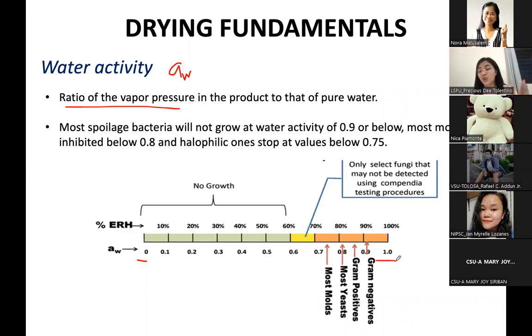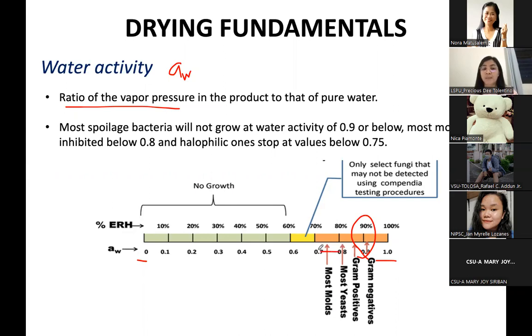So tandaan ninyo, most spoilage organisms, especially bacteria, have a specific water activity in order to grow. So nakikita ninyo dito, should be above 0.8 or usually dito sa 0.9. They will not grow at a water activity of 0.9 or below. Kaya dapat mataas, usually nasa 0.91, 0.95. And most molds naman are inhibited below 0.8.